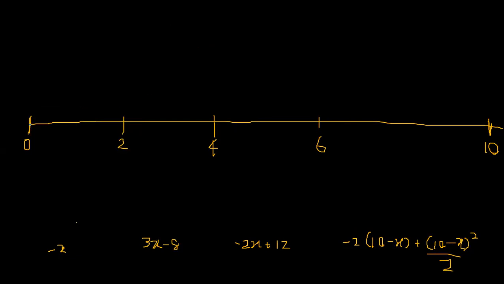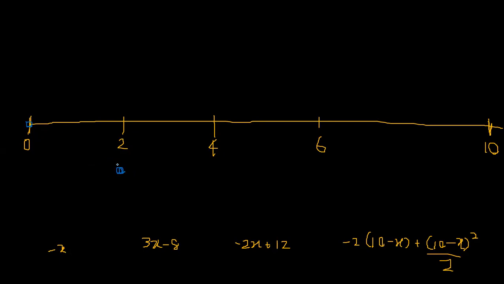So x is equal to 0, your bending moment is 0, right? x is 2, you plug x here, it's minus 2, right? Minus 2. In this region as well, if you plug 2 into 3x, it is 6, 6 minus 8 is minus 2. So that should be continuous, right?